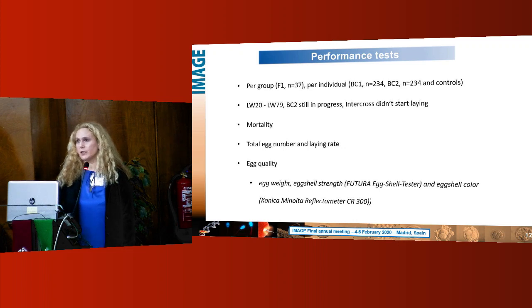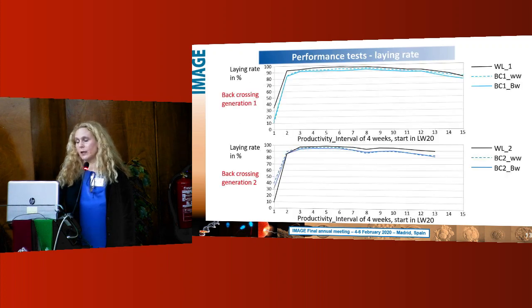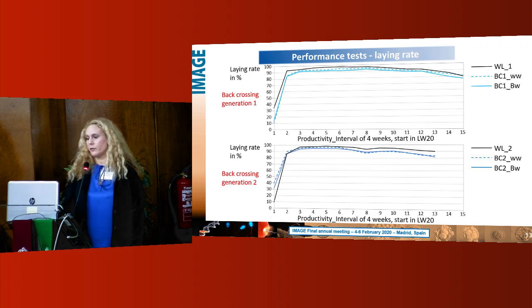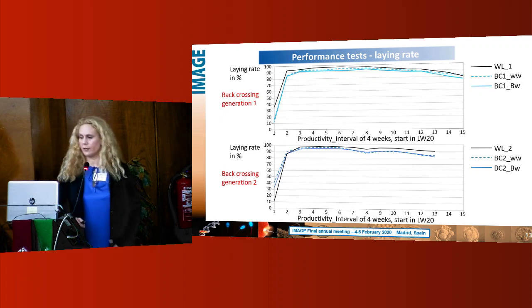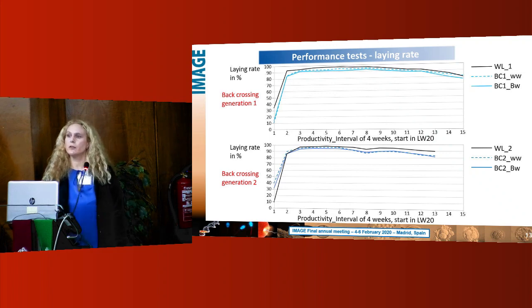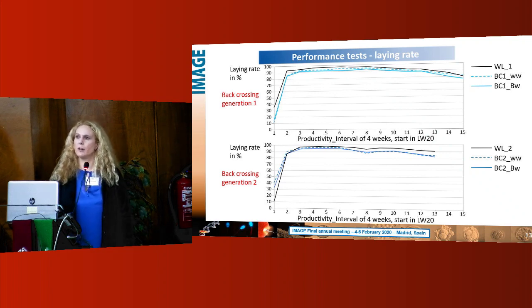Traits analyzed were mortality, total egg number and laying rate, and egg quality traits: egg weight, eggshell strength, and eggshell color. These are the results for the laying rate. The laying rate is divided into productivity intervals. One productivity interval is 4 weeks, and interval 1 starts in week of life 20.